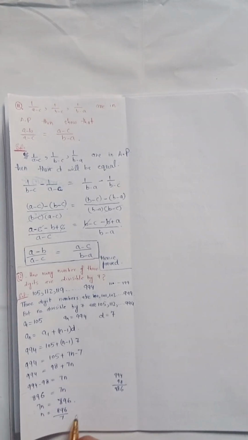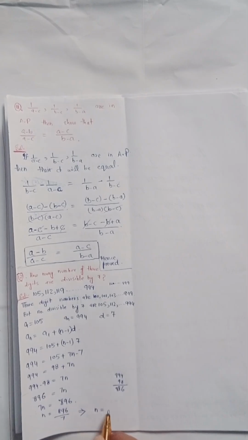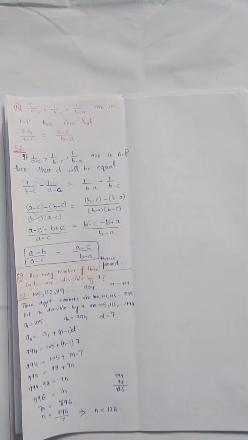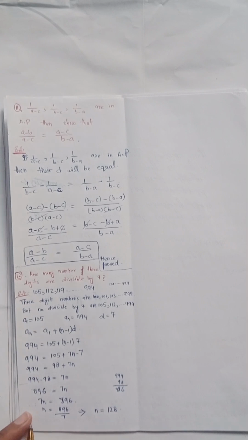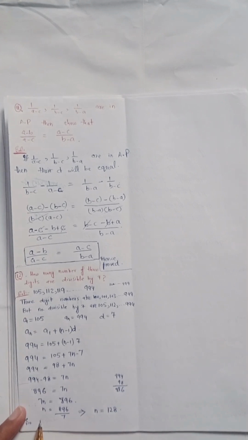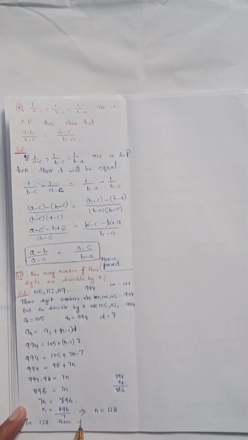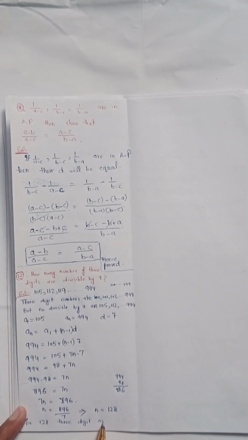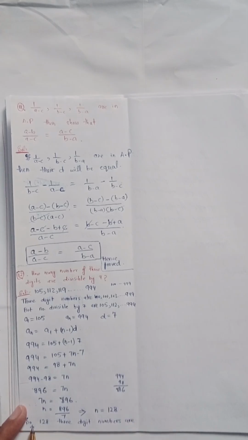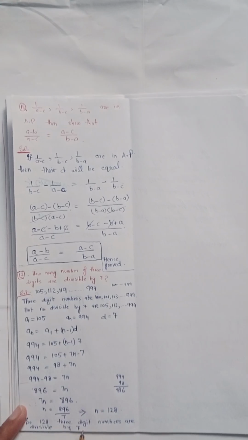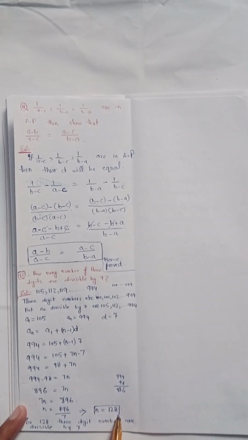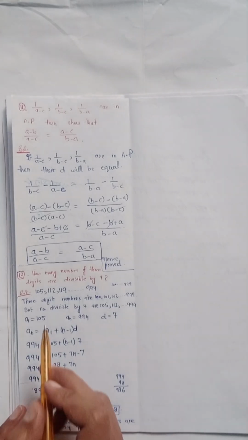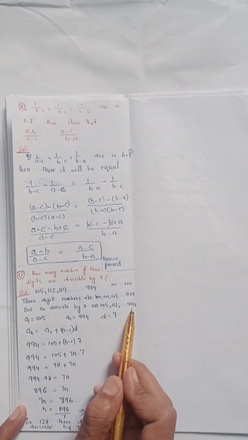Find the eighth term from the end of the arithmetic progression. We can solve this question by reversing the order of our arithmetic progression: 185, 182, 179, and so on, 14, 11, 8.